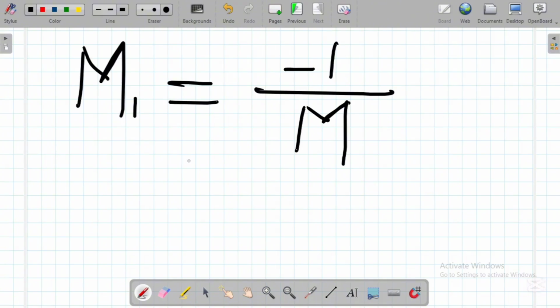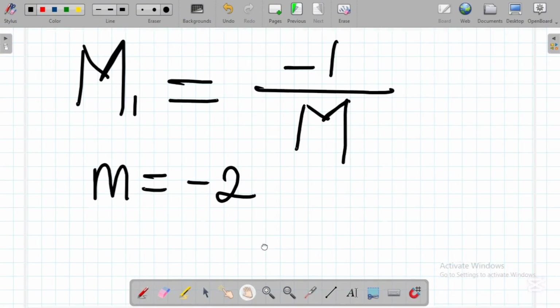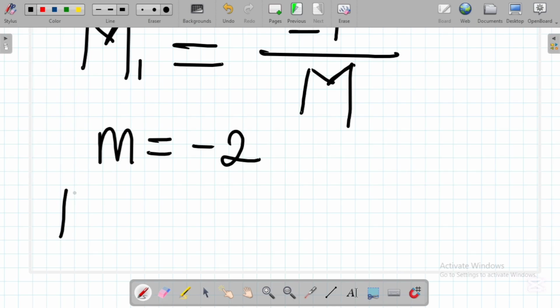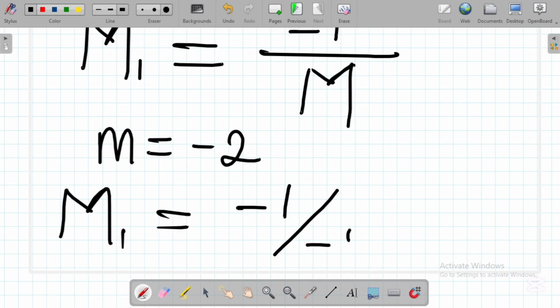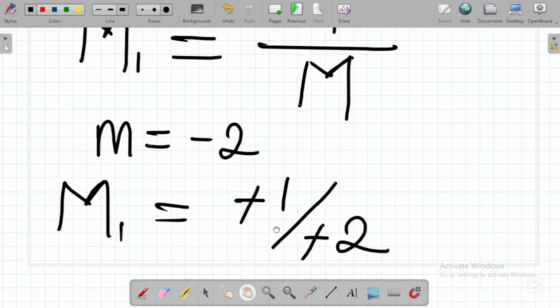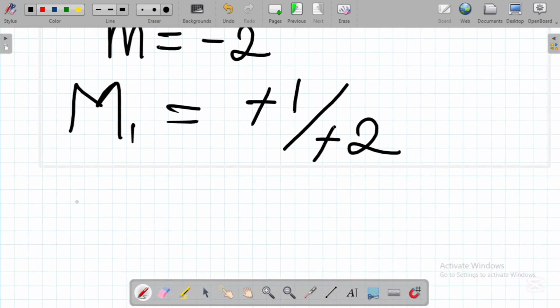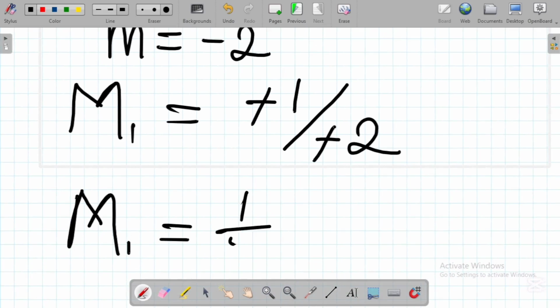Now let's substitute into this equation. Remember, m is equal to -2. So if we substitute, we will have m1 is equal to -1 all over -2. Now, minus cancels minus. So m1 is equal to 1 over 2. So this is the slope or gradient of the normal.